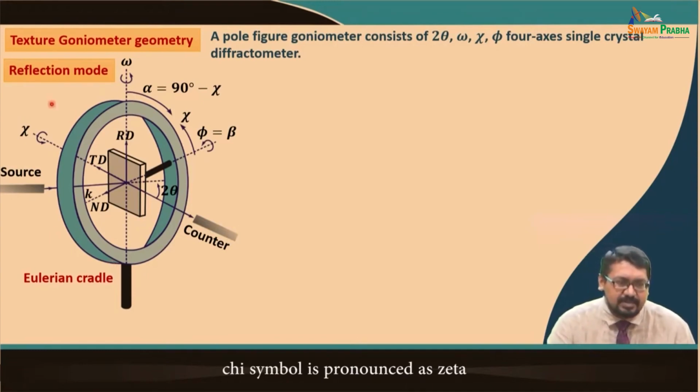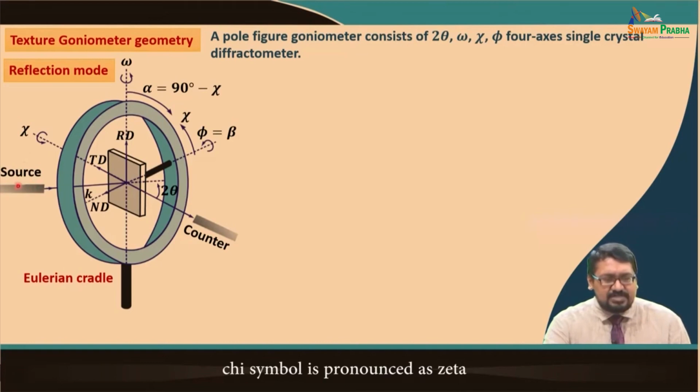Now, let us look into the schematic of this texture goniometer. You will see that we have shown a circle, and this is known as the Eulerian cradle.